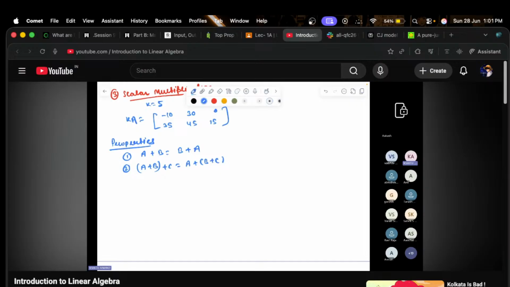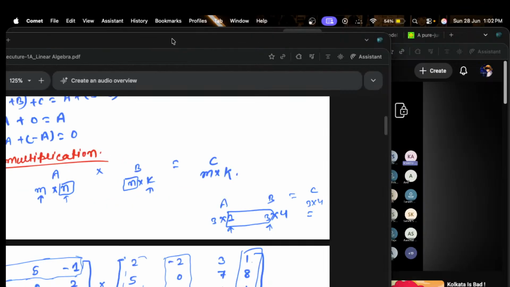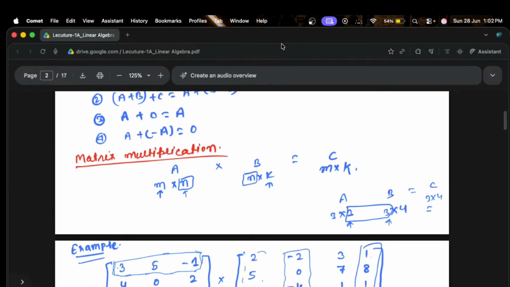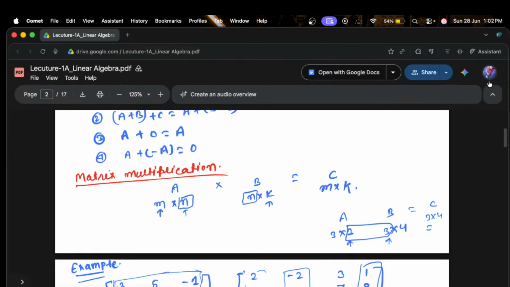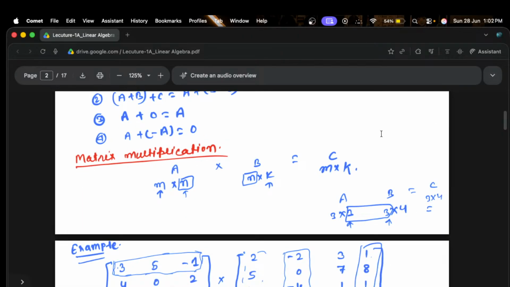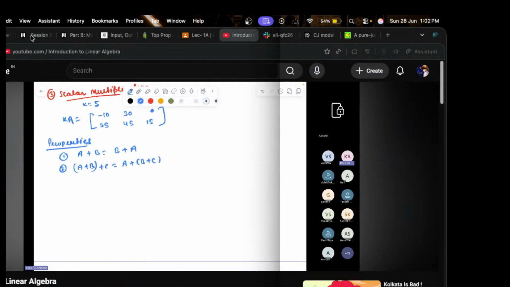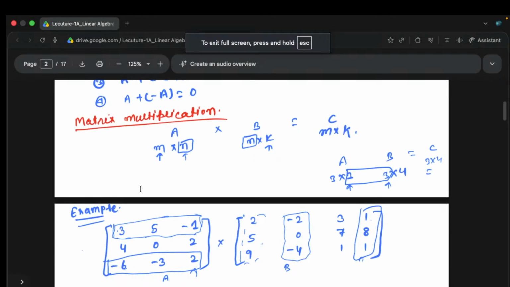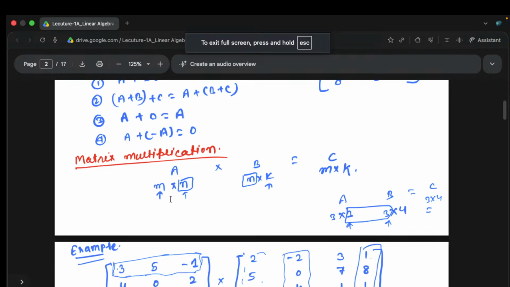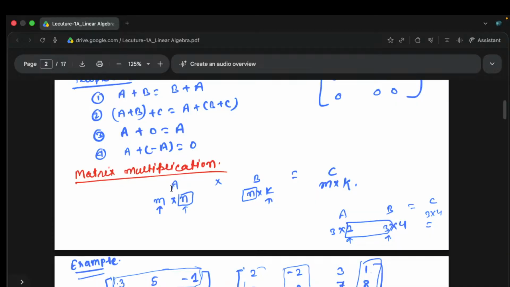All right, and then I will just quickly go through this. Okay, can I just zoom it? Okay, then we have matrix multiplication, so here I believe m n is rows and columns.